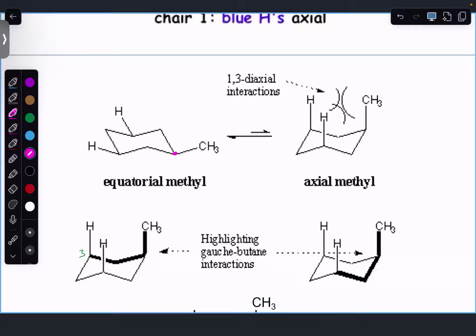So your axial position here would be like that, just FYI. Once you do the chair flip of this, remember your axials become equatorials and vice versa. So if I draw the flipped form of this, what used to be equatorial up is now going to be axial up.